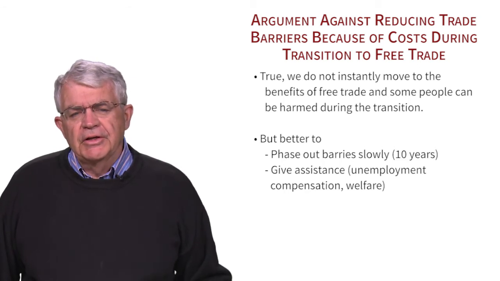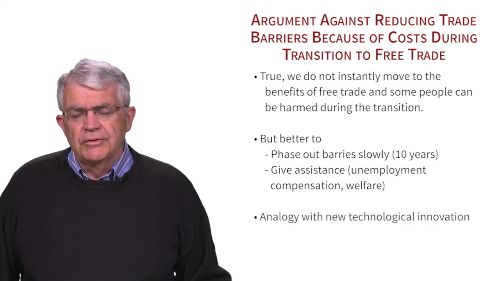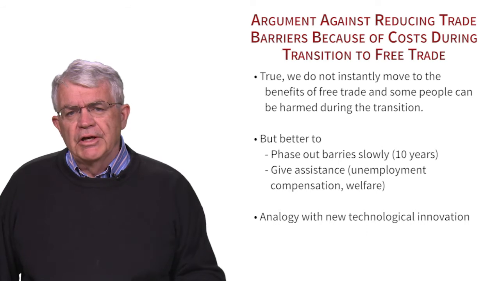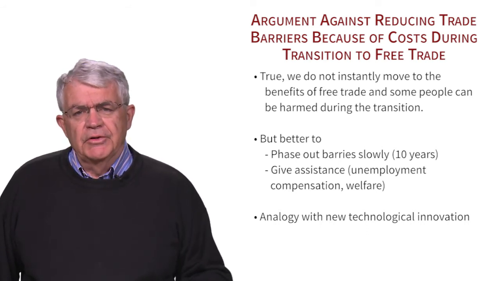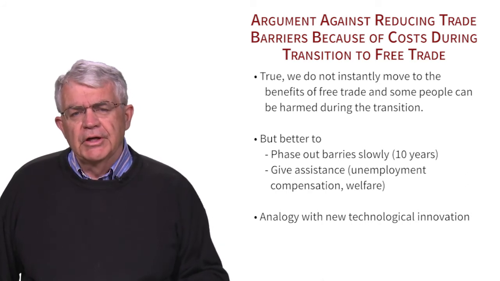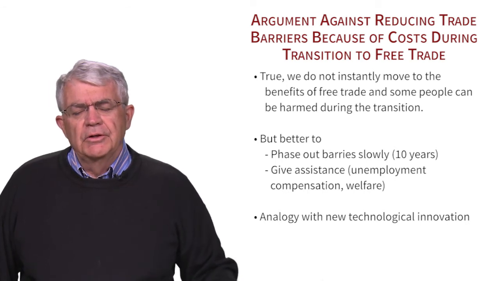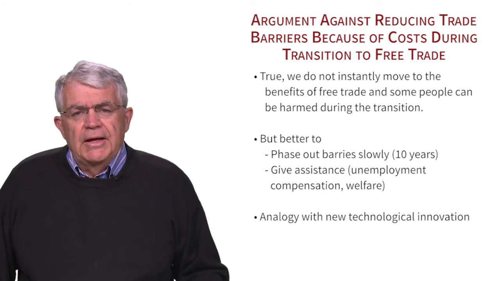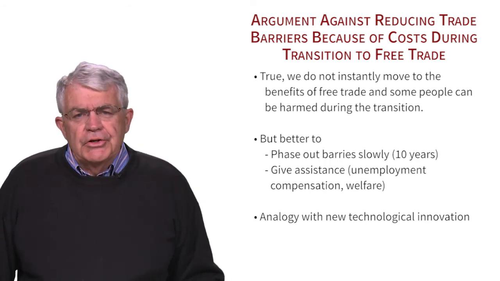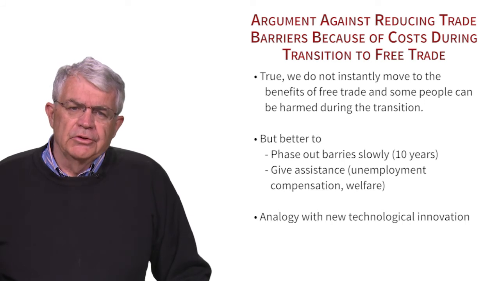for those who are hurt. Here I think it's useful to stress the analogy with new technology, new technological innovations. Remember, free trade is really like a technological innovation. In the example of comparative advantage, we saw that free trade enabled the United States to consume more pharmaceutical goods and electronic goods in trading with Korea, almost as if there was a new technology for producing those pharmaceutical goods and technological goods.